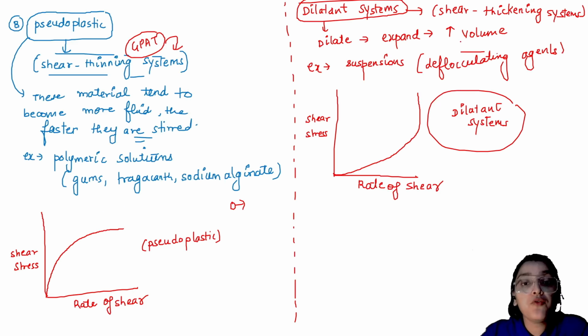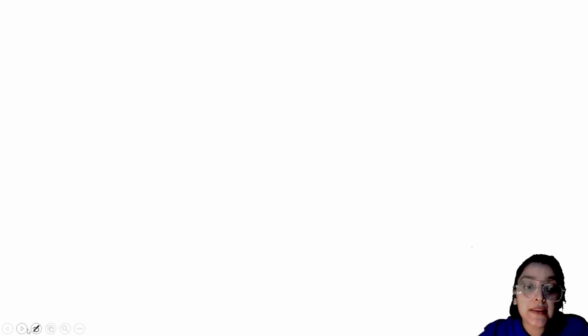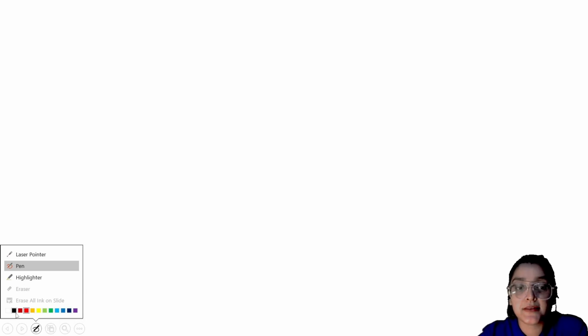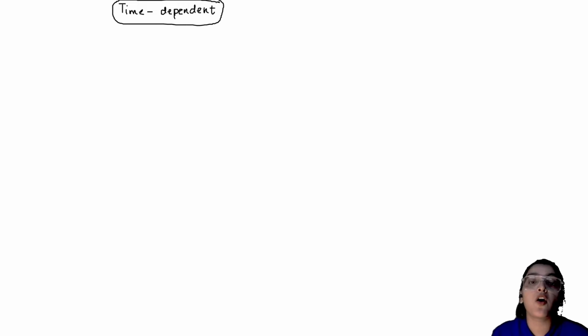Now we have to see what the time dependent systems hold for us. I mentioned at the start that time dependent systems involve the interconversion between the state they were in after the influence of stress, and the state they come to after the force is withdrawn.